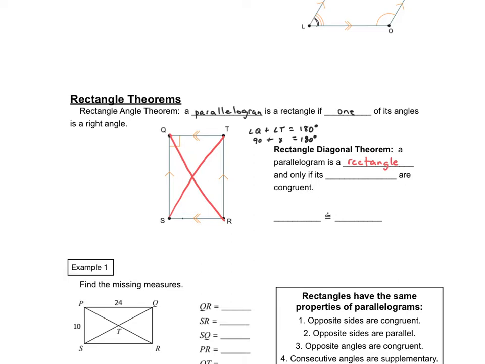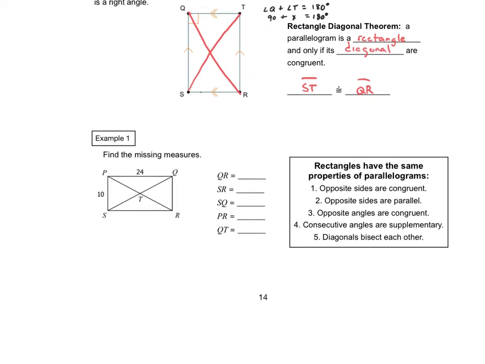So we know that segment ST is going to be congruent to segment QR in order for it to be one of those characteristics of a rectangle.